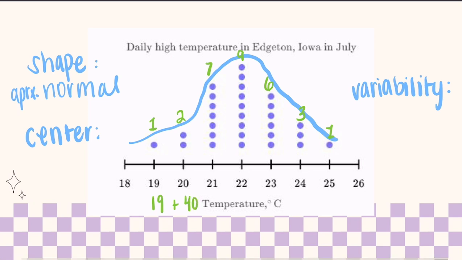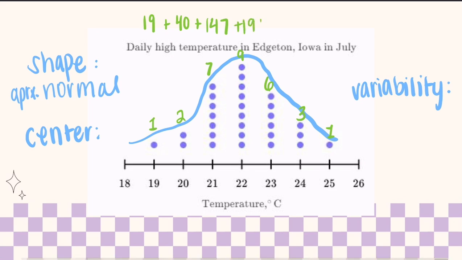Let me move this up here, it's kind of hard to see down there. Then 21 times 7 is 147. 22 times 9, I'm going to have to plug that into my calculator. That's going to be 198.